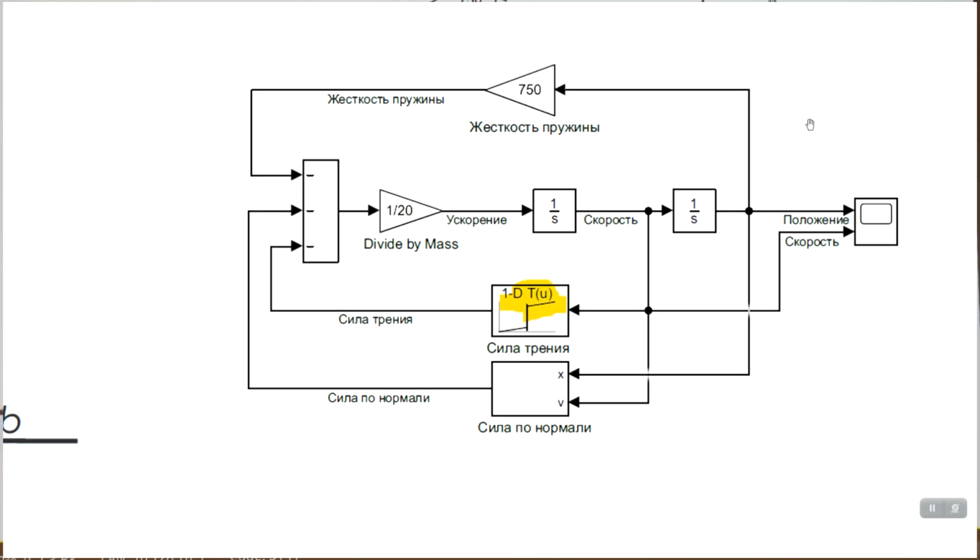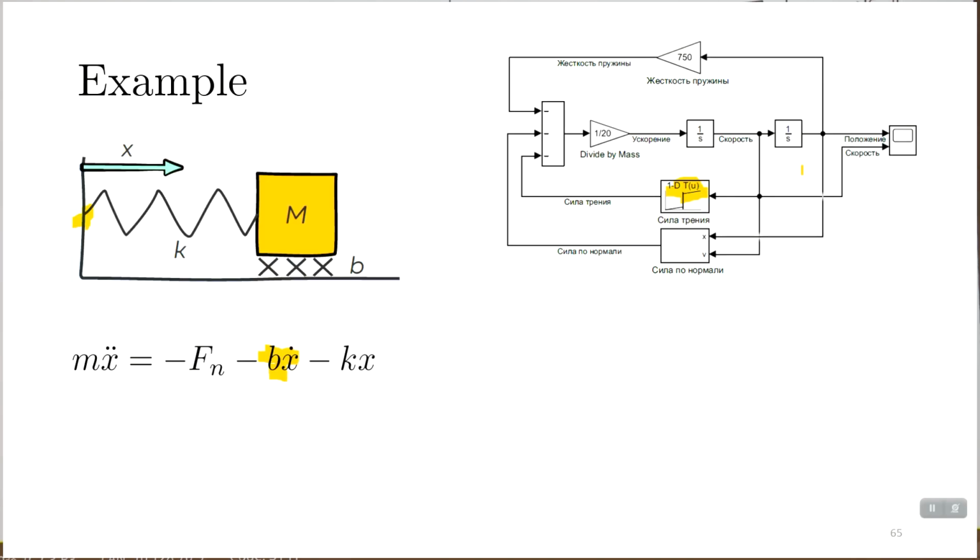So the right equation will be the following. Total force equals minus normal force, let me use N for normal force, minus friction, and minus spring. Friction, normal force, like this. Is it clear?